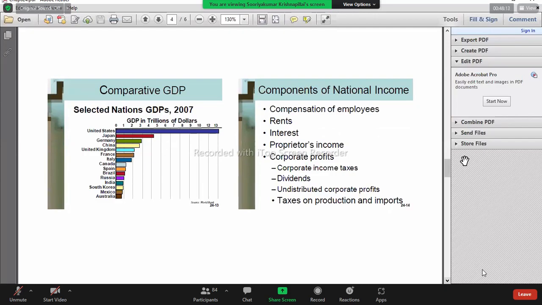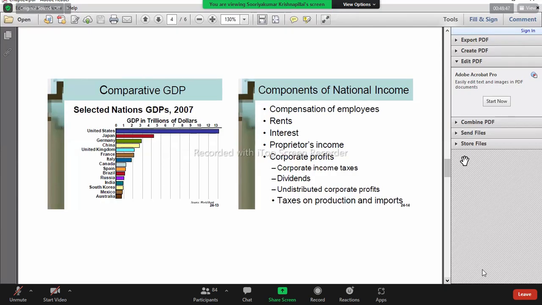For the GDP, only the income for resources supplied to domestically produced goods counts. The components of national income are: compensation of employees, rent, interest, proprietors' income, and corporate profit.